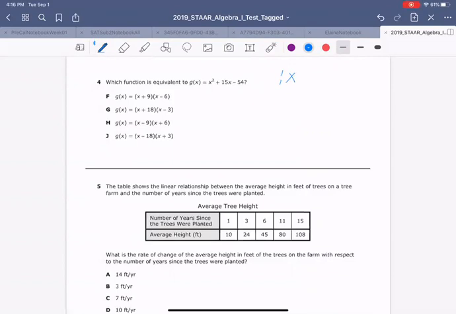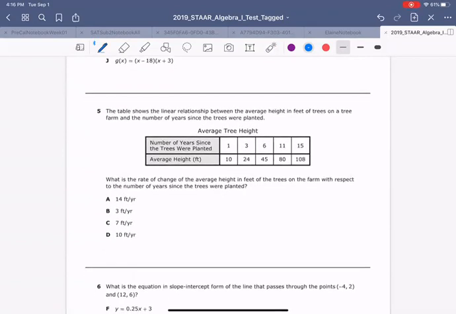I want you to do this cross multiplication. Oh my gosh, I didn't even see it. G. Yeah, it's okay. All right, let's try this one.